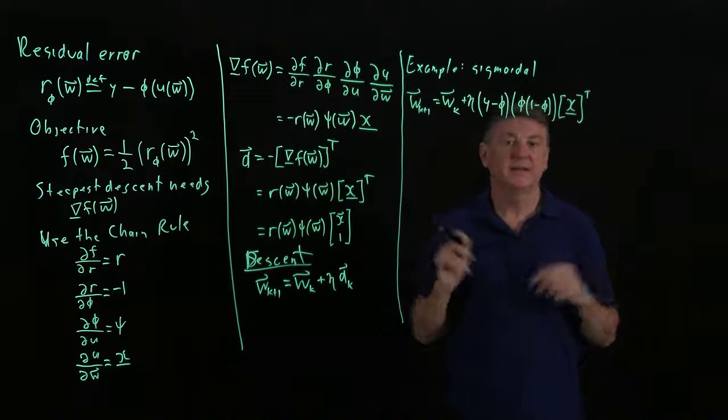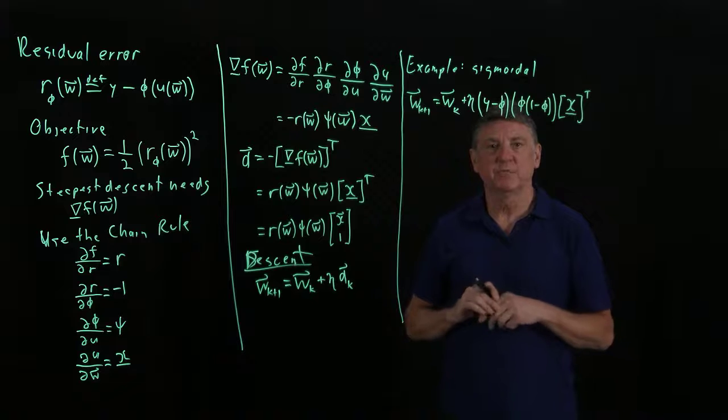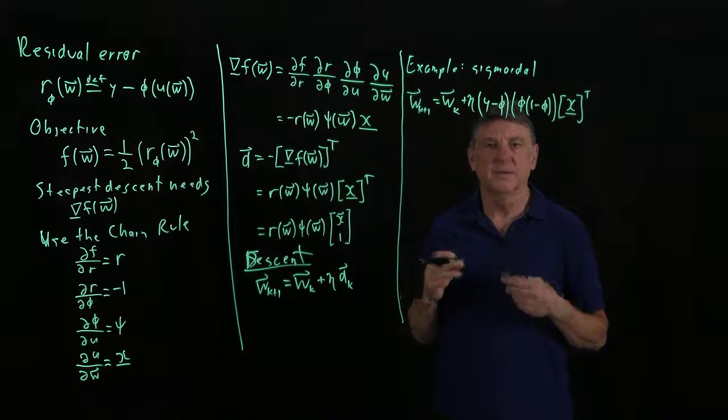And that is the steepest descent algorithm for a single artificial neuron with a single data vector.